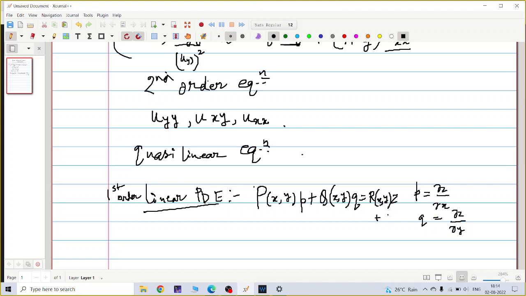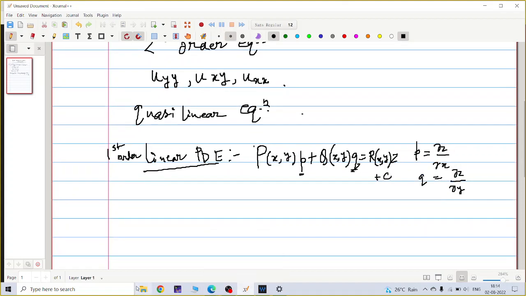It is called linear because the coefficients of the derivatives depend only on the independent variables x and y, not on the dependent variable.